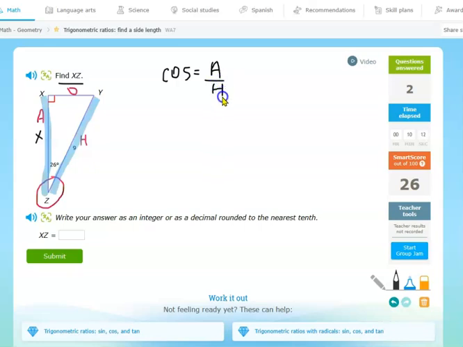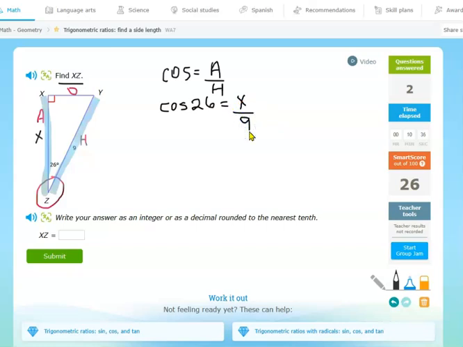Okay, now we're going to change it from just cosine to cosine of 26. We're going to change the A to x, and the H is 9.